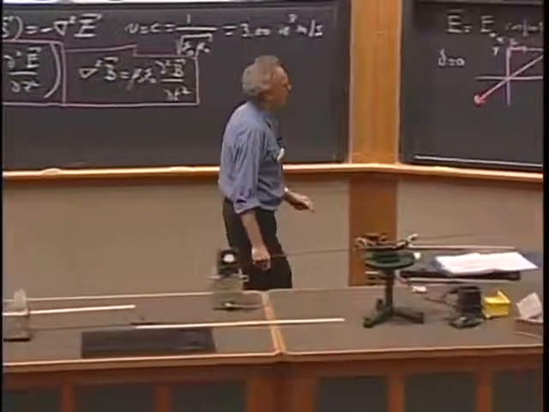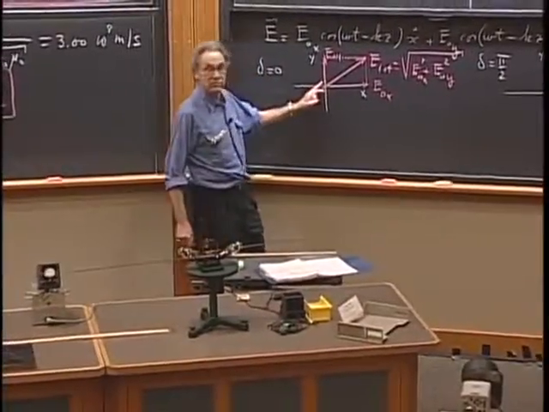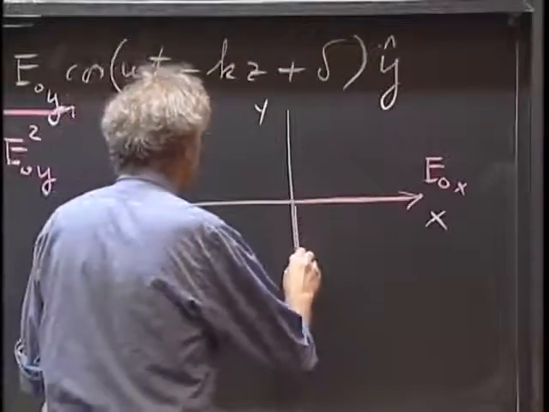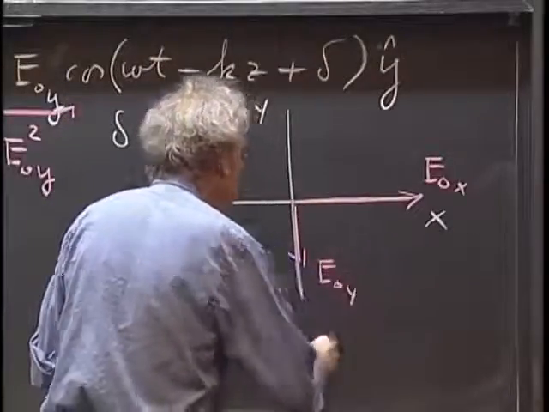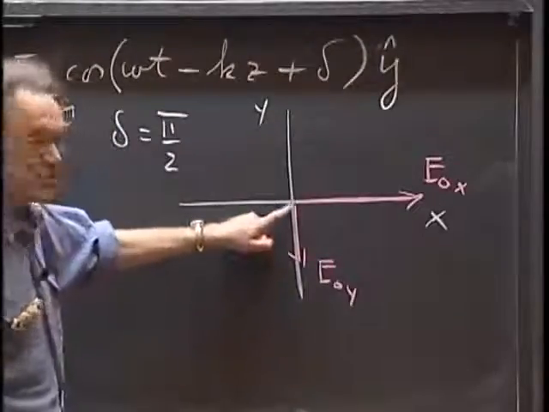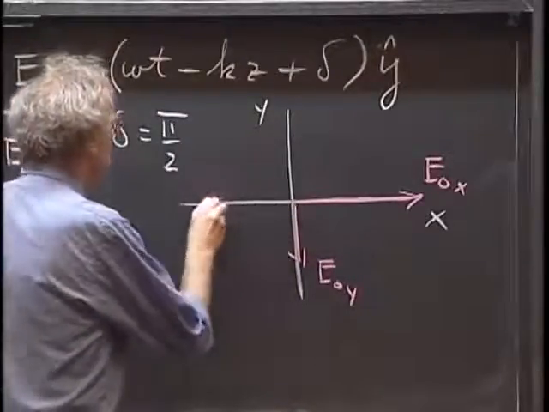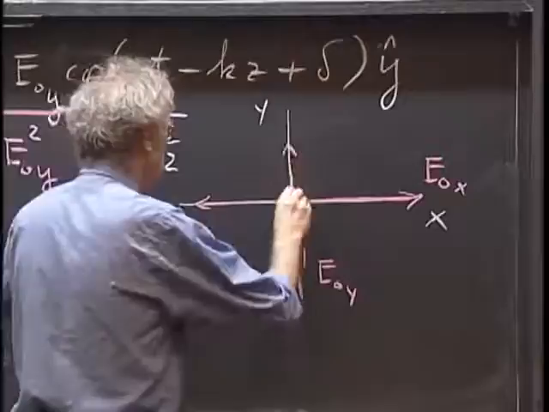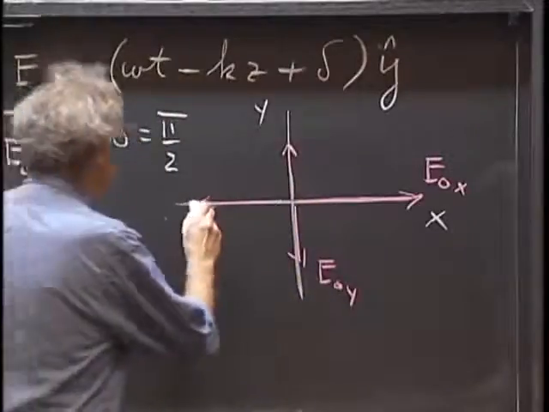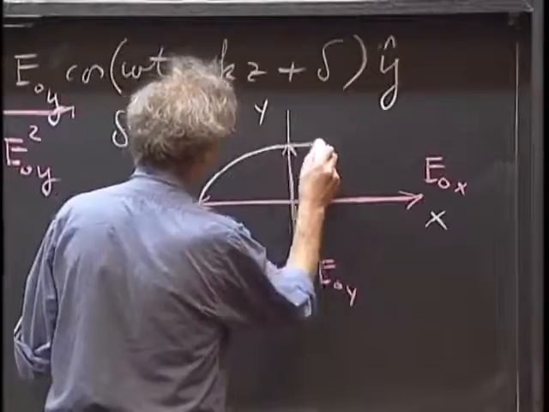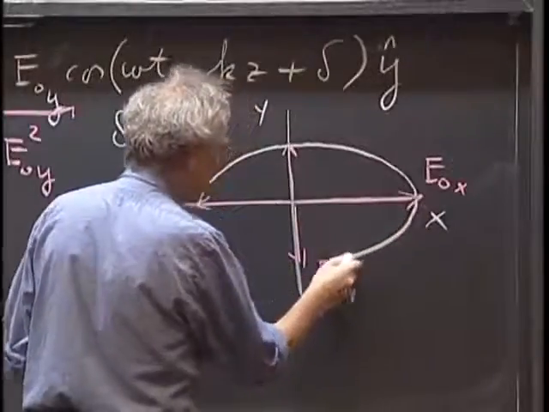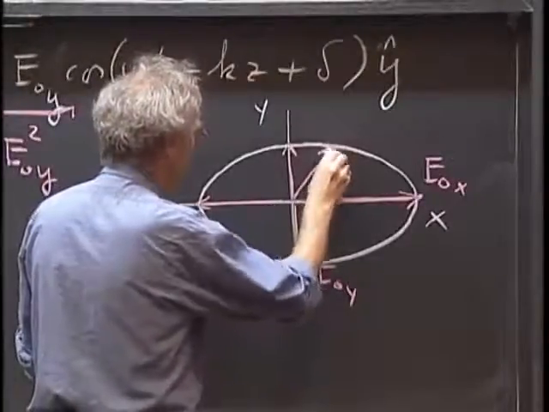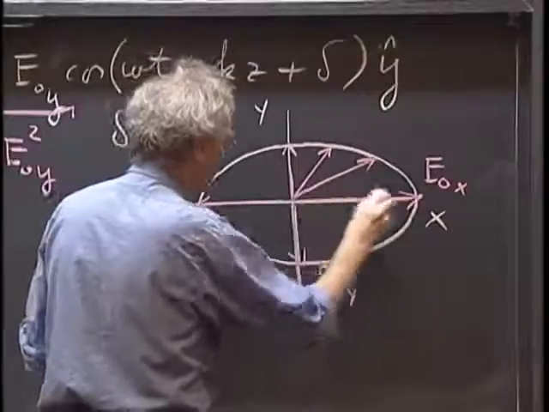And so if this one reaches a maximum, this one is 0. A quarter period later, this one becomes 0, but now you have here E0y. A quarter period later, this one is back to 0, and now this one is here. And a quarter period later, this one is again 0, and this one is here. So now there is never a moment that the E vector is 0, but the E vector rotates around in an ellipse. It goes like so, like so, like so, and so on.